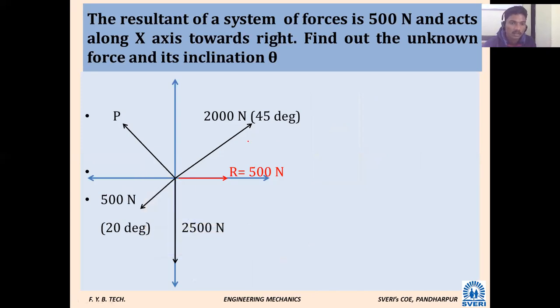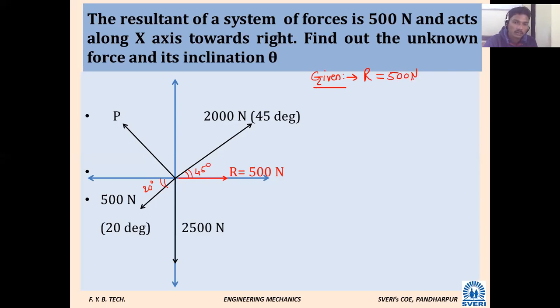This 45 degree inclination is here, and this one will be 20 degree. What is given? The resultant is 500 Newton.